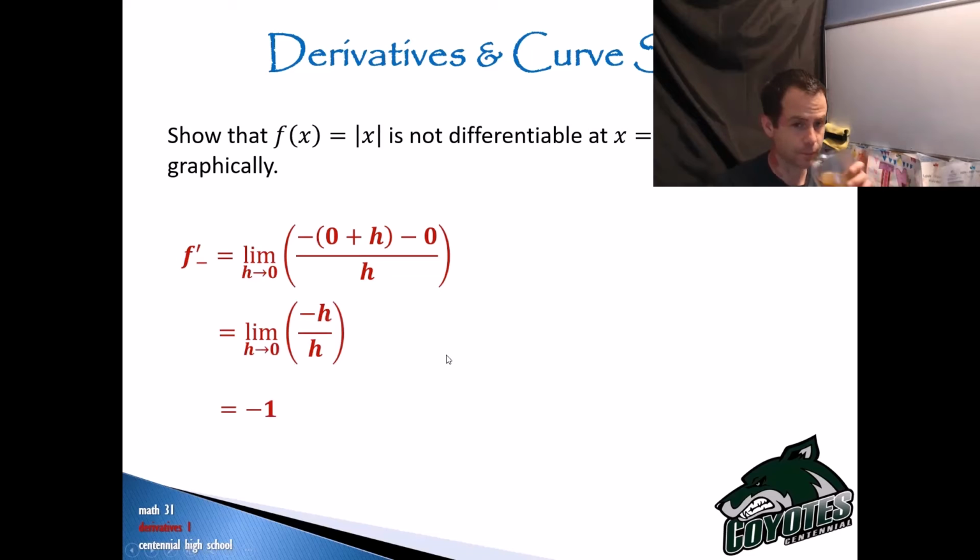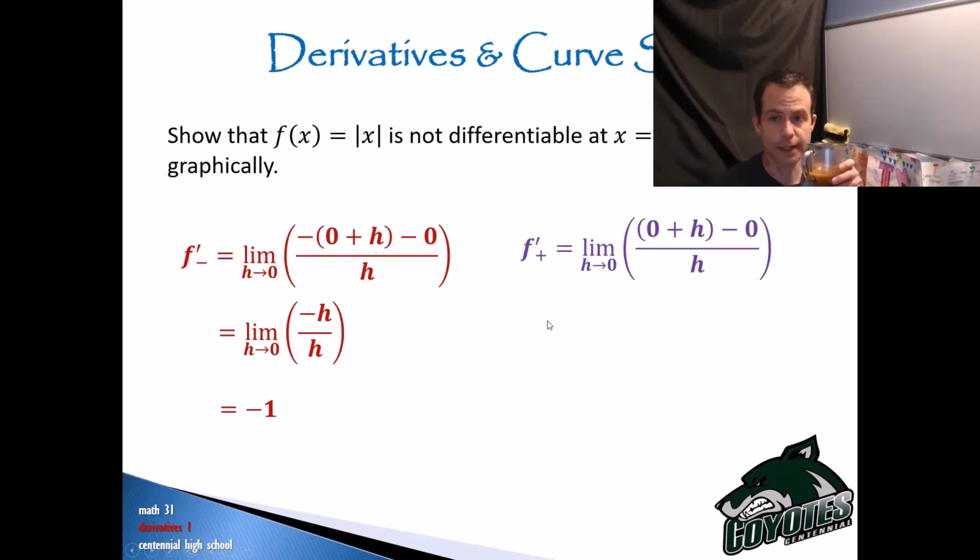Now I'll look at it from the right side. From the right side, I would be the positive version, so that would just give me 0 plus h, not negative 0 plus h. That's going to give me h over h. H over h is 1.